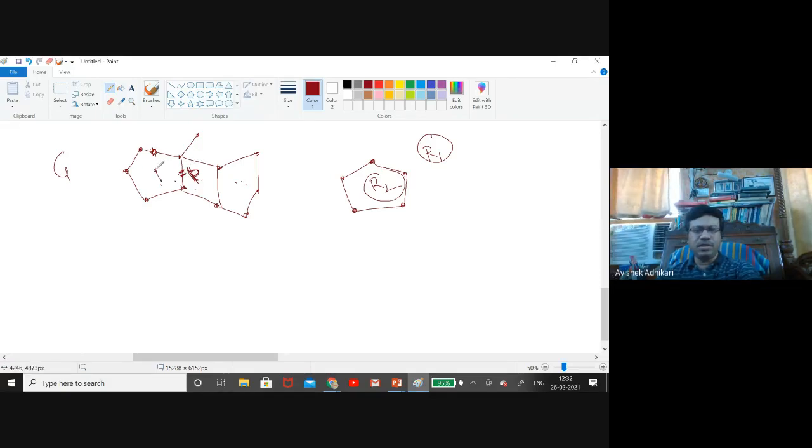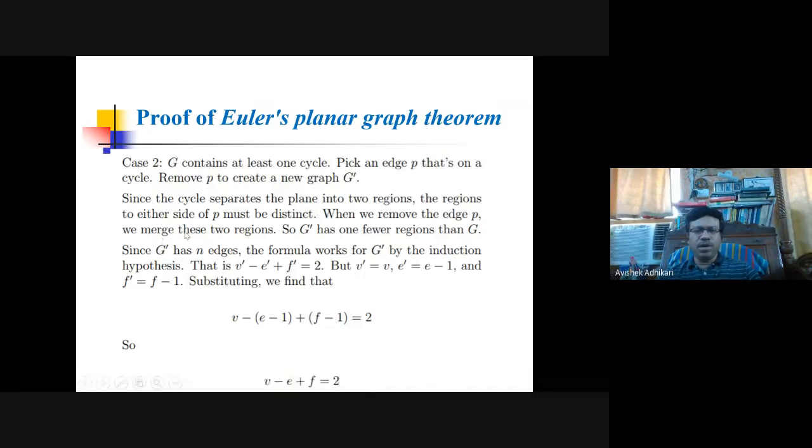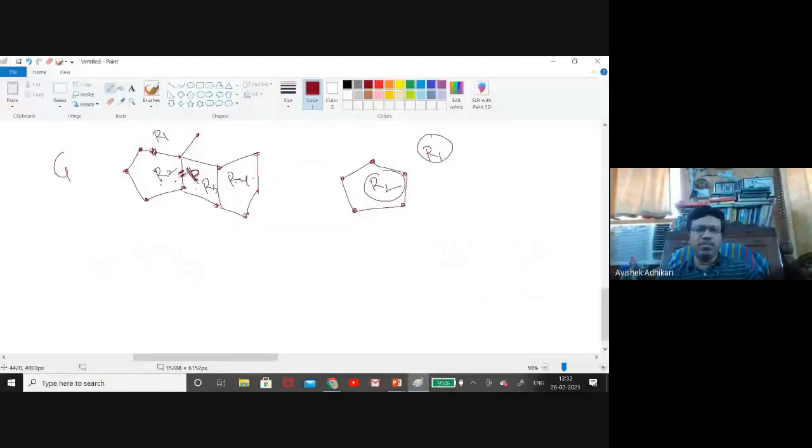So this is say R2, this is R1, this is R3, R4, and so on. A cycle separates these, and all these regions are different. But when you remove the edge P, we merge these two regions.